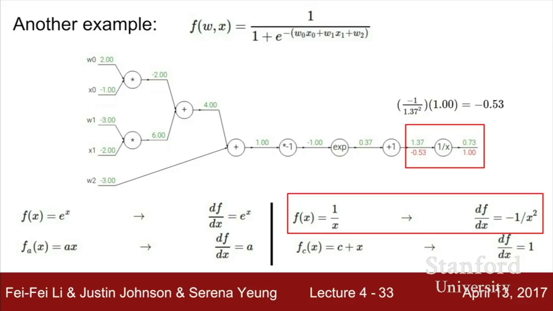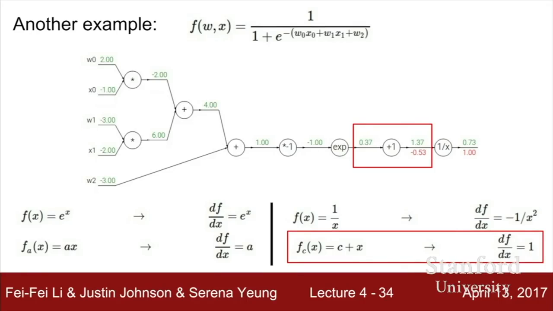So we take negative 1 over x squared and plug in the value of x that we had during the forward pass, 1.37. Our final gradient with respect to this variable is negative 1 over 1.37 squared times 1, which equals negative 0.53.